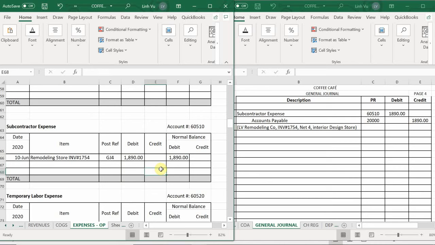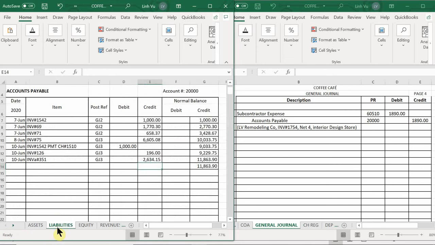Now that we completed our subcontractor expense, we're going to fill in our liability over here so we know how much we owe in grand total.